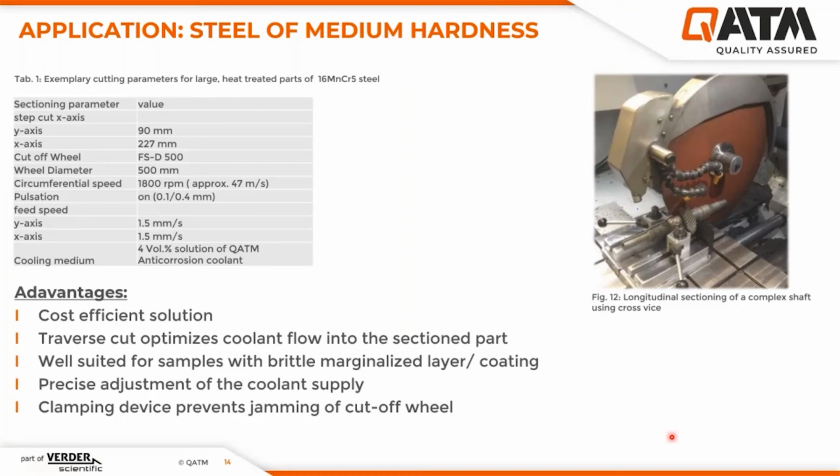Finally, the clamping device prevents the jamming of the cutoff wheel because even if the part is not properly sectioned, these clamping vices prevent the pressure of the sample on the cutoff wheel during the cutting process and hence the breakout of the marginalized layer. Also, the shaft, of course, can be sectioned in perfect symmetry, which is an advantage of this clamping solution.